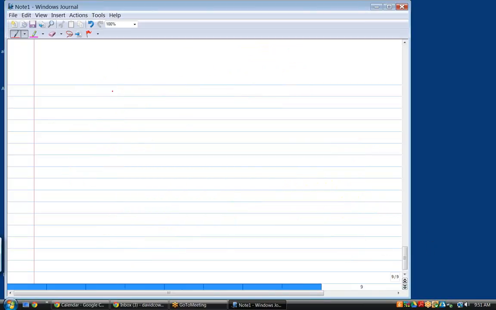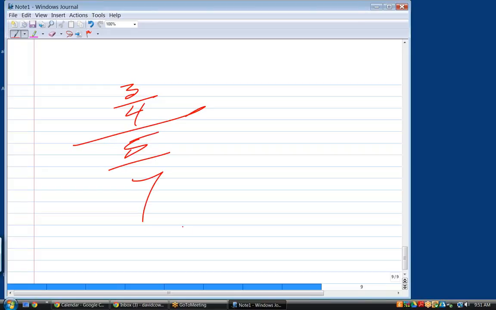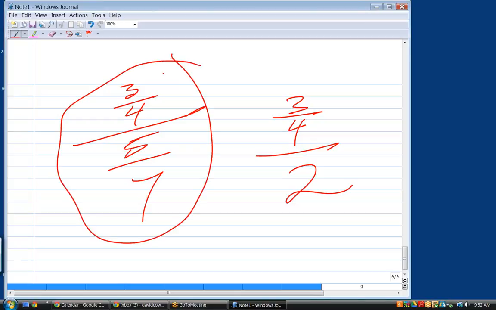But this problem right here is easier for someone than this problem is. In other words, if I went to a ton of math students, most of them would know how to do that, but this would trip up a lot of people. I'm not quite sure why.